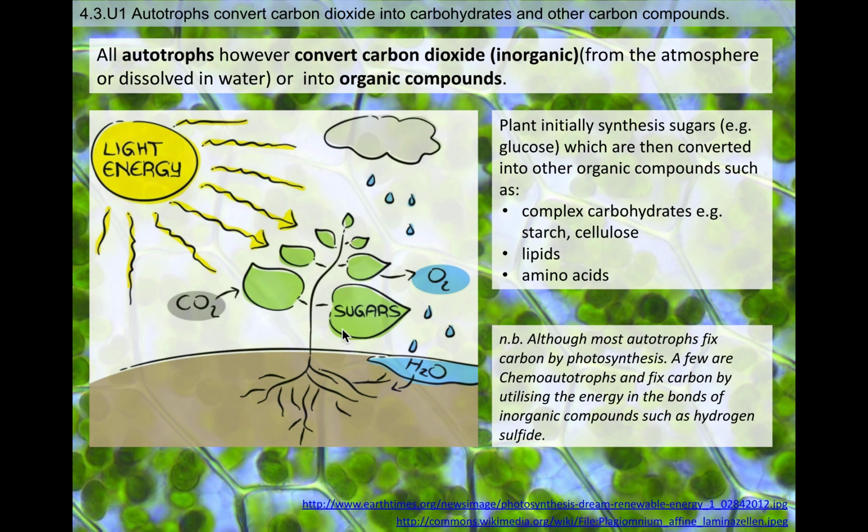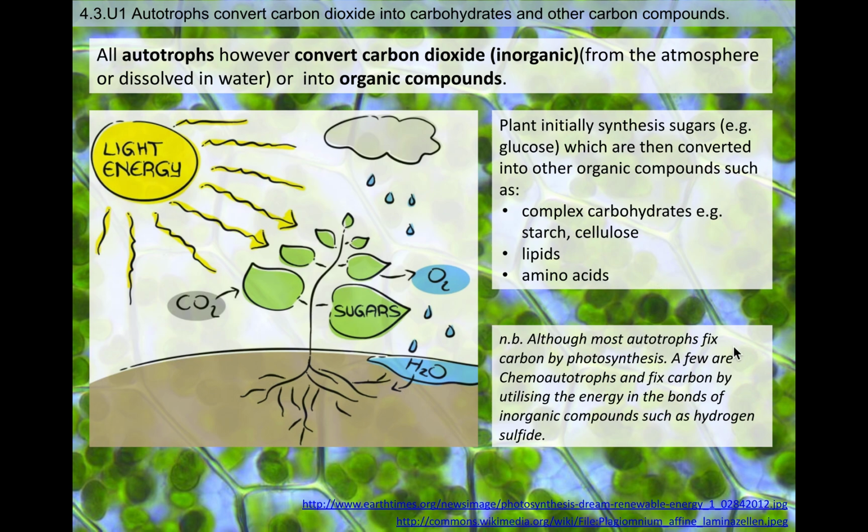Plants, or biomass, living things in general, are considered a large carbon sink. So plants initially synthesize sugars, for example glucose, which are then converted into other organic compounds such as complex carbohydrates, starch, cellulose. Remember, we went over those in 2.3. And you can see how the carbon structures can get more complex. They can also be involved with lipids and amino acids.